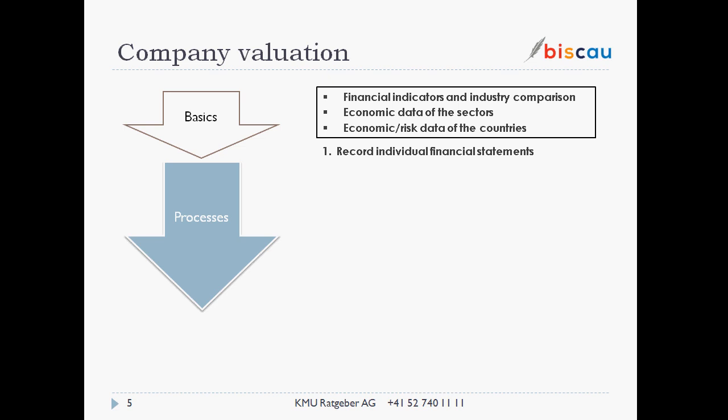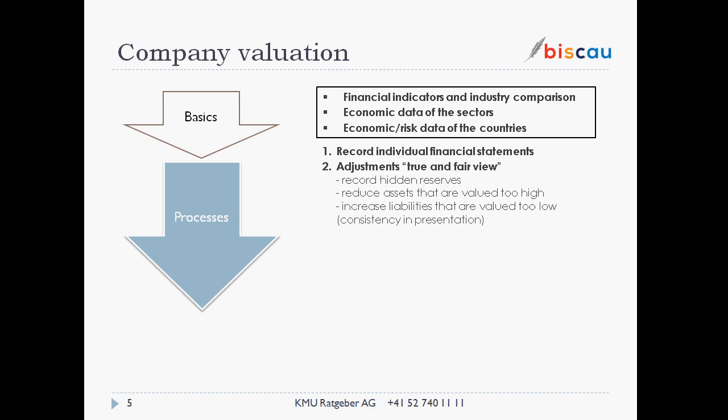You record the financial statements. Then you make the adjustment like true and fair view. You record hidden reserves, reduce values if necessary, increase liabilities that are valued too low. It's important that there is consistency in presentation.